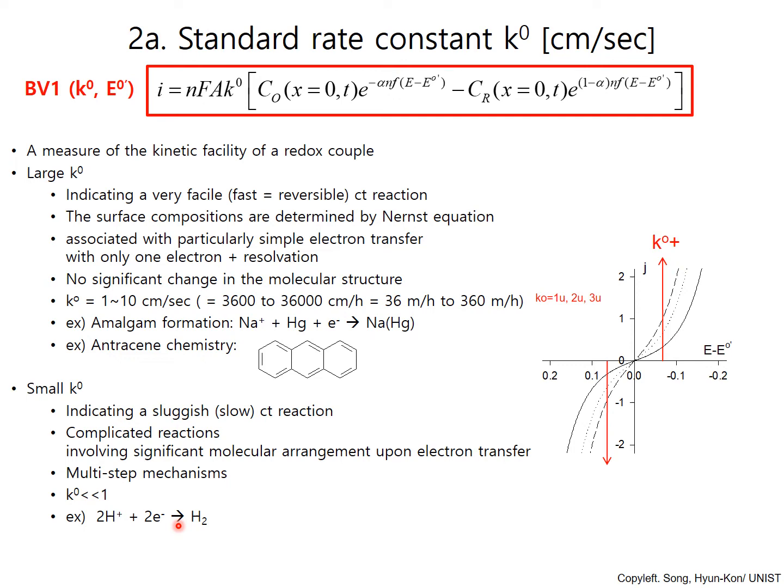So we need to have some electrocatalyst like platinum. So again, I'd like to emphasize the meaning of standard rate constant K0, which is a measure of kinetic facility or kinetic velocity or speed of a redox couple.